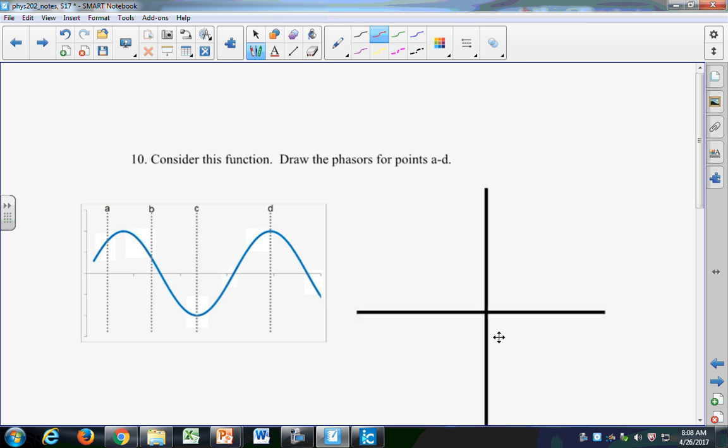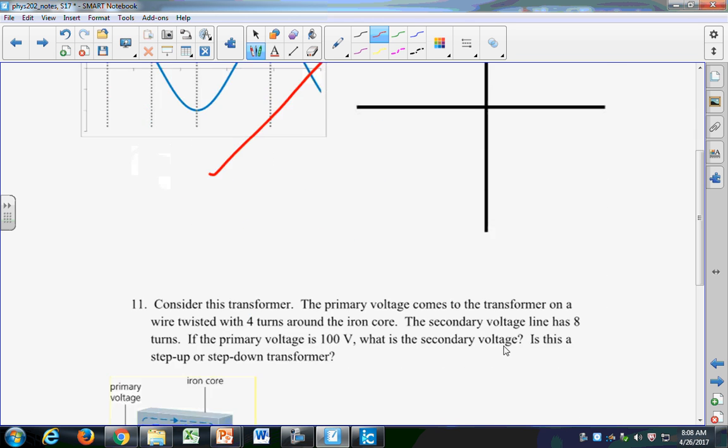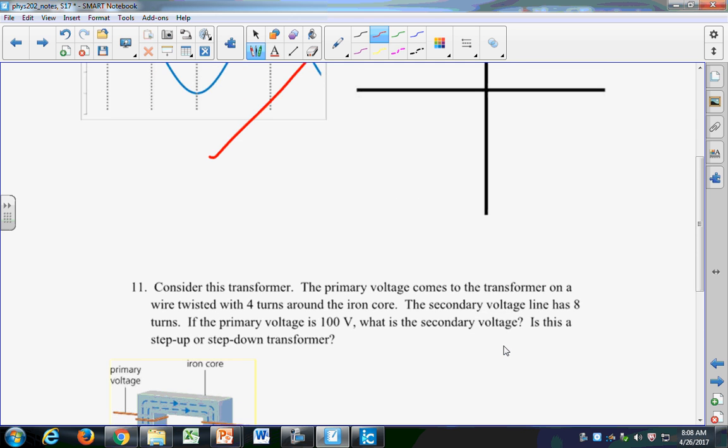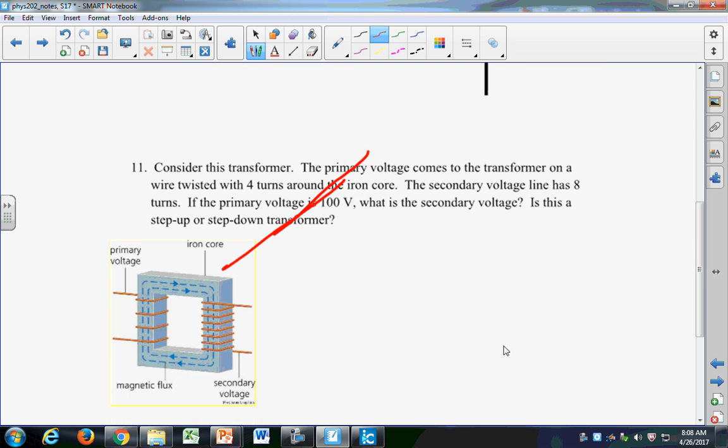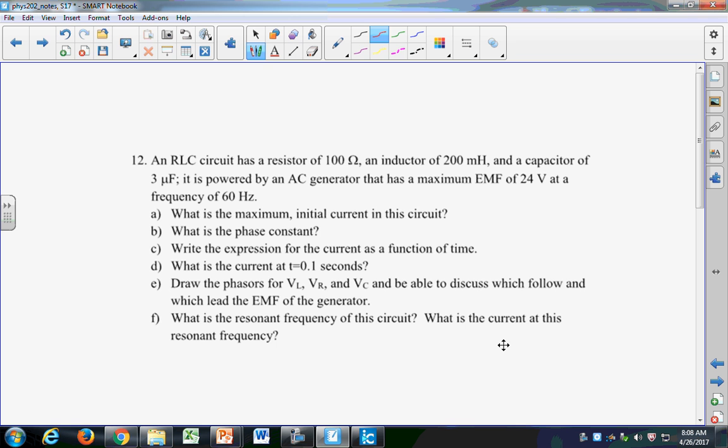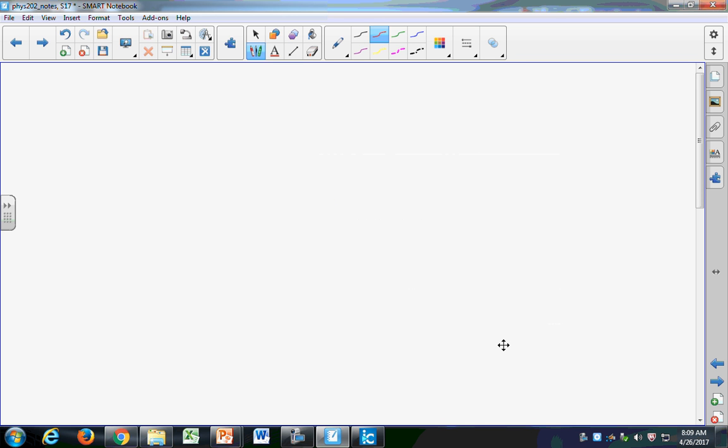You're not going to have phasors. That's what this is. It's a different mathematical tool that we use for AC electricity. It's unfortunate we don't get to it. We just don't really have time for it. We're also not going to have 11. Oh shoot. You're not going to have 12 either. It's an RLC circuit.